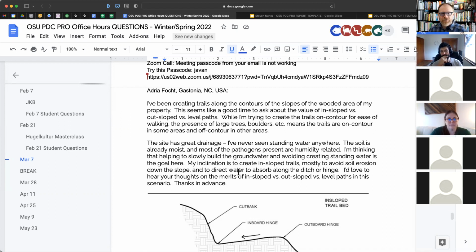The site has great drainage. I've never seen standing water anywhere. The soil is already moist, and most of the pathogens present are humid related. I'm thinking that helping to slowly build the groundwater and avoid creating standing water is the goal. My inclination is to create in-slope trails, mostly to avoid soil erosion down the slope and to direct water to absorb along ditch or hinge. Love to hear your thoughts or merits on insloped, outslope, level paths in this scenario.